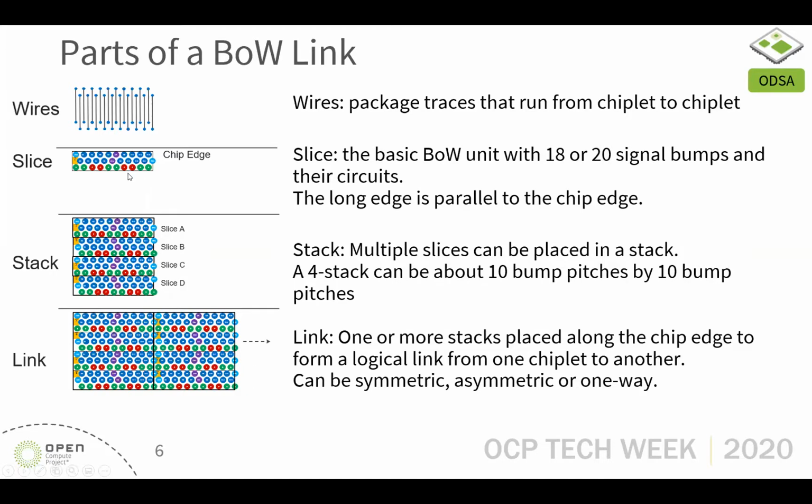Now each slice operates unidirectionally at a given time, but within a link, you can have half of the slices transmit and half receive for a symmetric link, or you can configure it to be asymmetric, or one way.